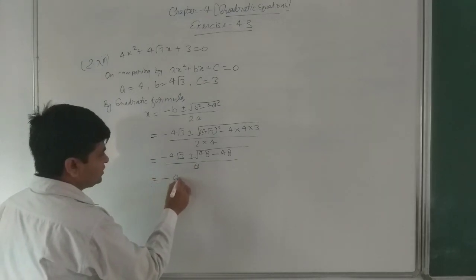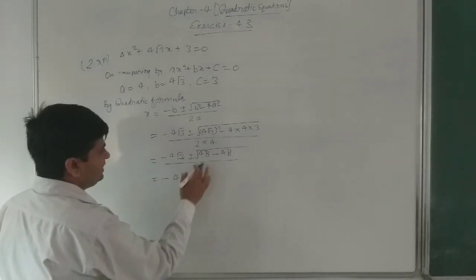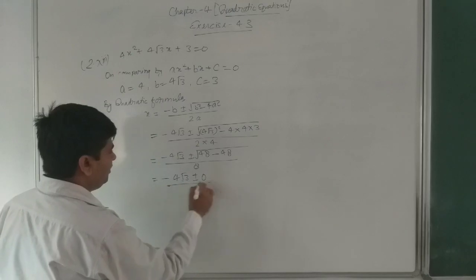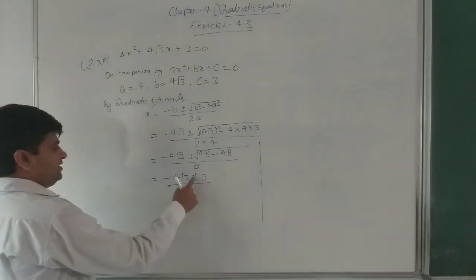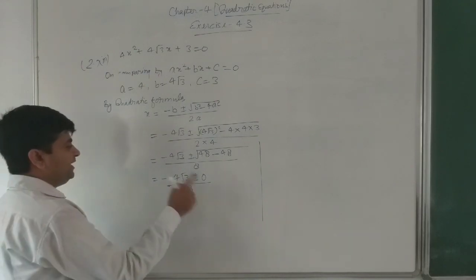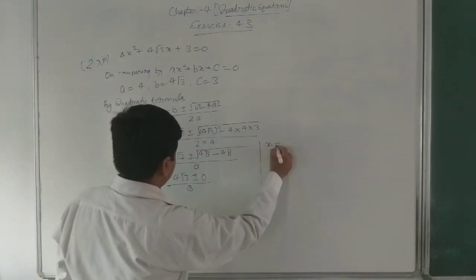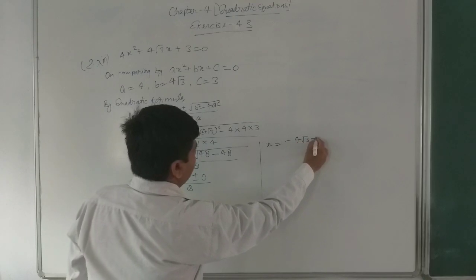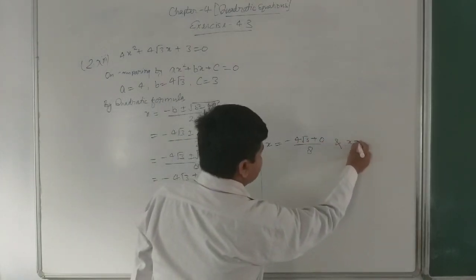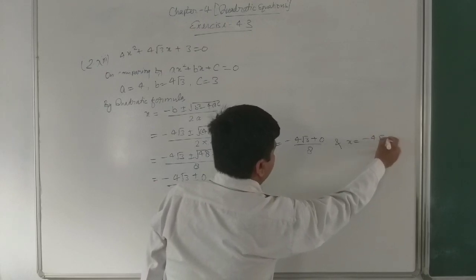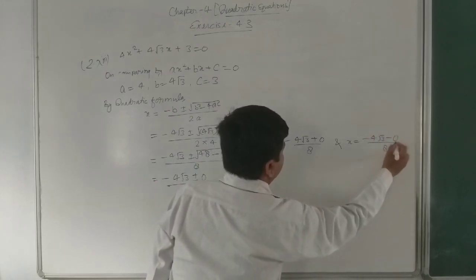That means minus 4 root 3 plus minus root 0, which means 0, upon 8. Now we can write two answers again, one with plus sign and second one with minus sign. So x equals minus 4 root 3 plus 0 upon 8, and second x equals minus 4 root 3 minus 0 upon 8.